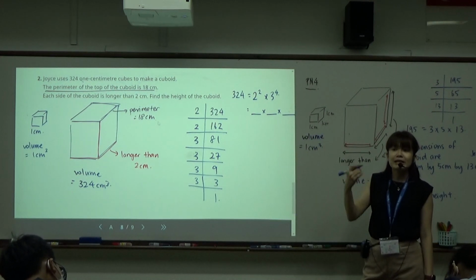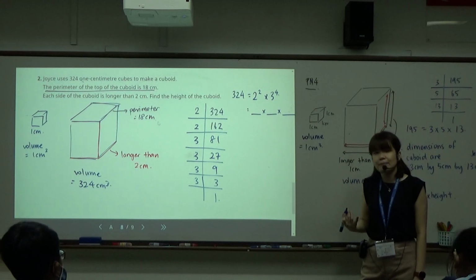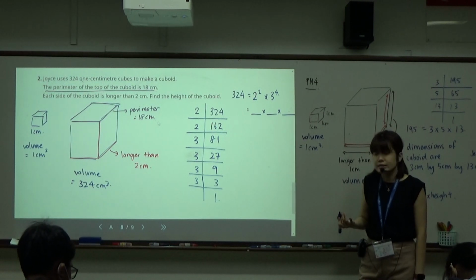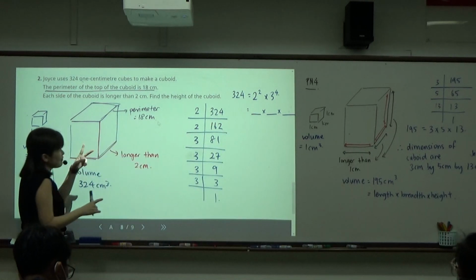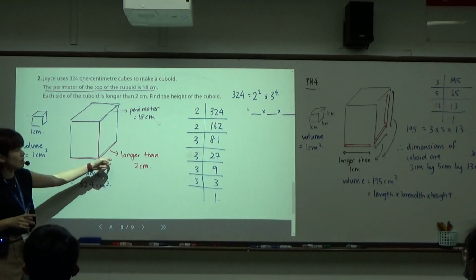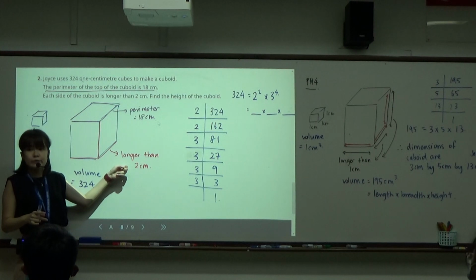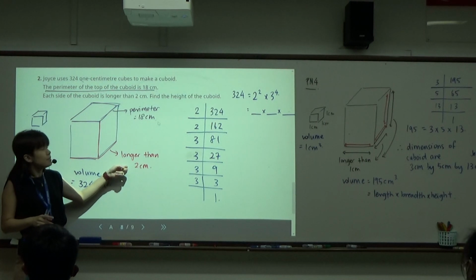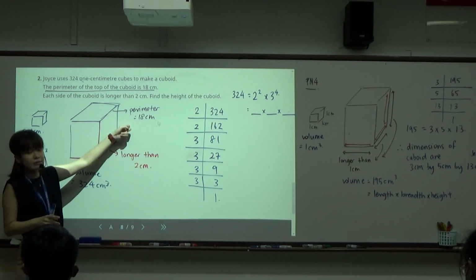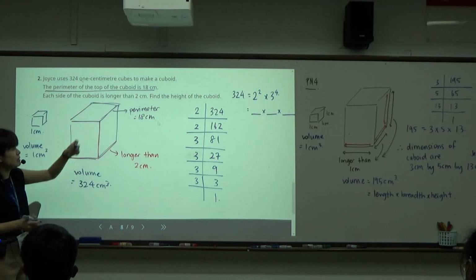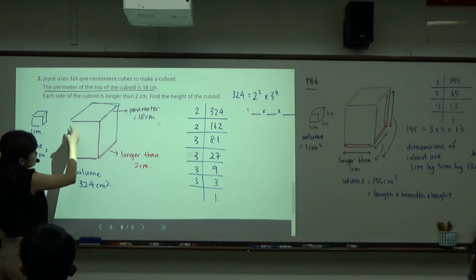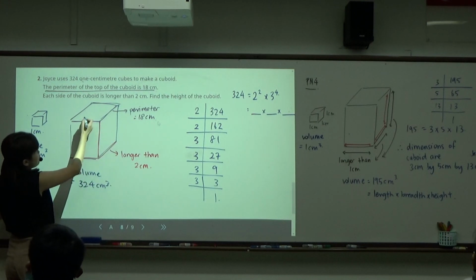So our next question is, what are these 3 numbers going to be? Understand? These 3 numbers are bounded by 2 different conditions. One of the conditions is that it must be longer than 2 cm. The other condition is that the perimeter must be 18 cm. So our perimeter, let's call it being formed by our length and breadth, which we call A and B.